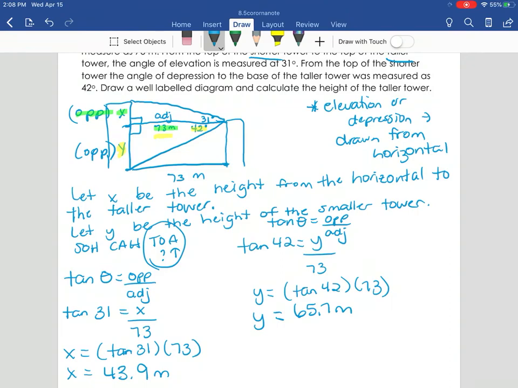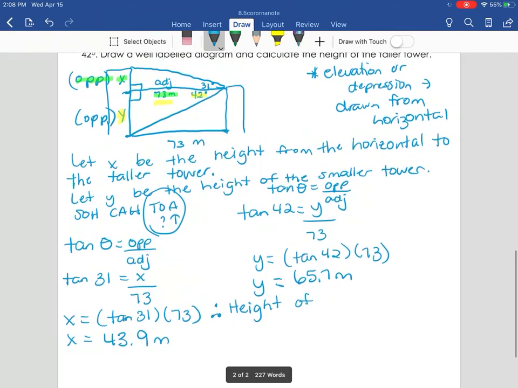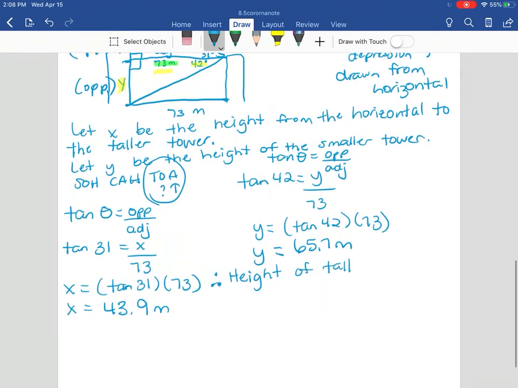Okay, 67.5 meters. Again, make sure you answer the question. We want to know the height of the taller tower, which is x plus y. So in order to get the answer, we have to do x plus y.